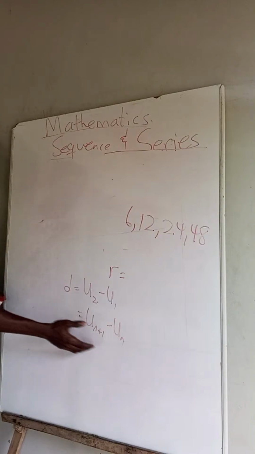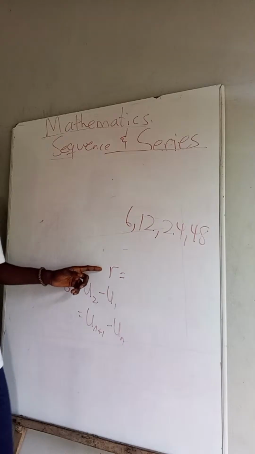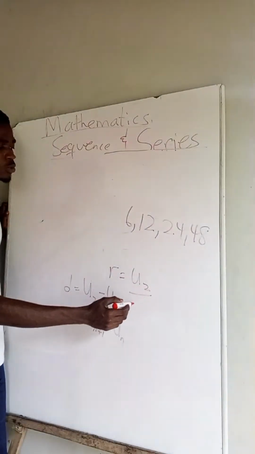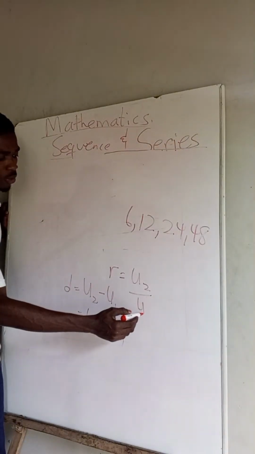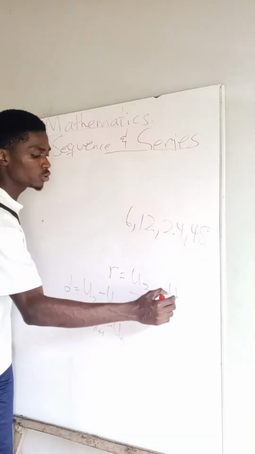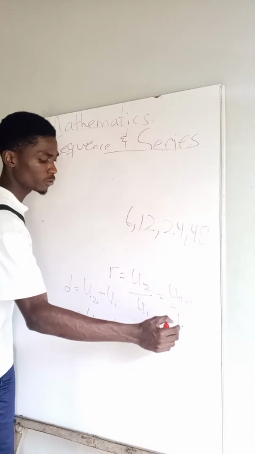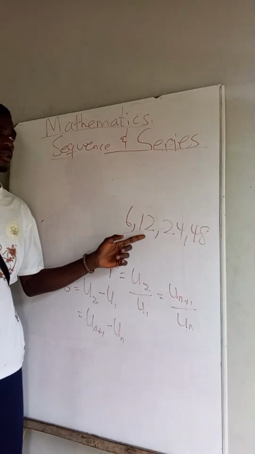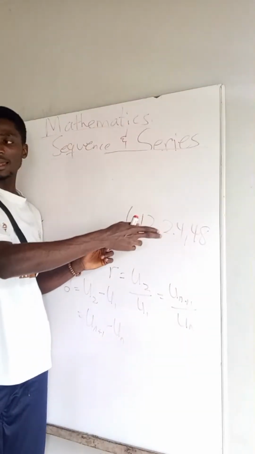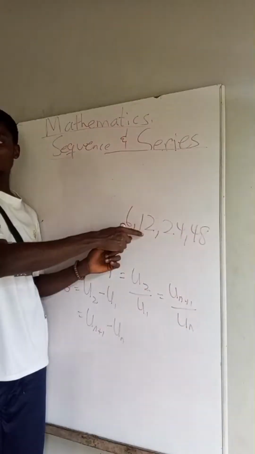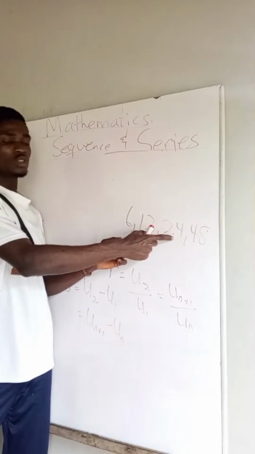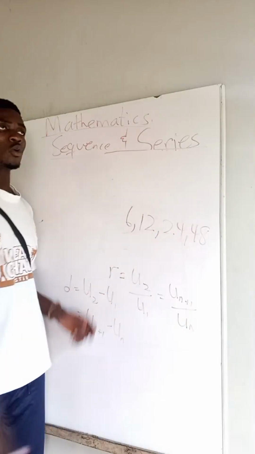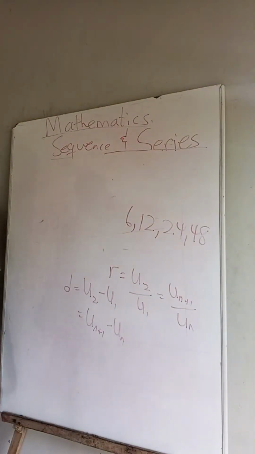The common ratio is either U2 out of U1, or Un+1 out of Un. If you are taking these two, it will be 12 out of 6. If you are taking these two, it will be 24 out of 12. If you are taking 48, it will be 48 out of 24. That's all. That's how to find the common ratio.